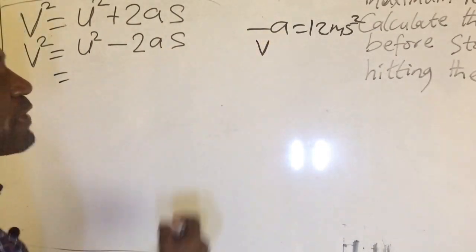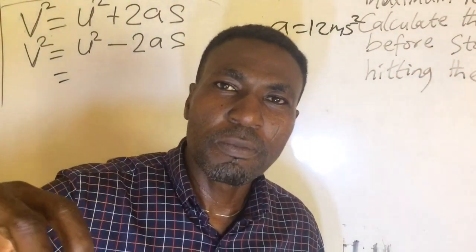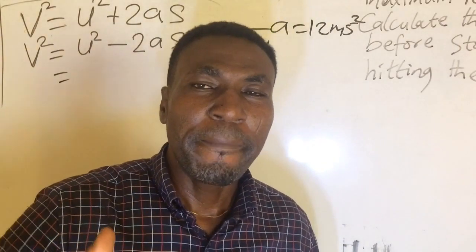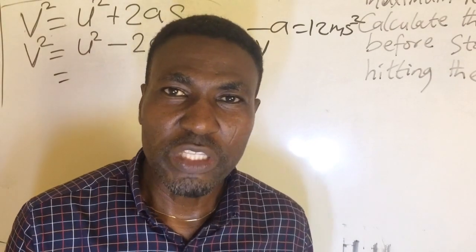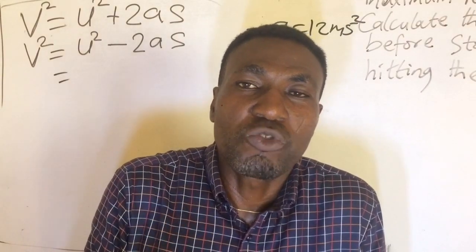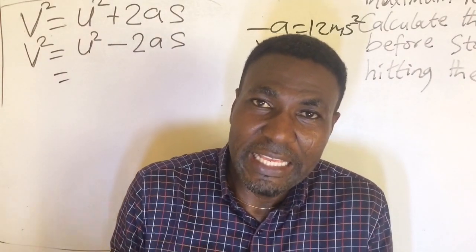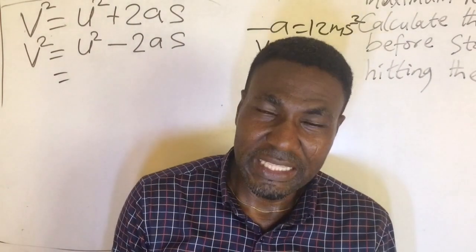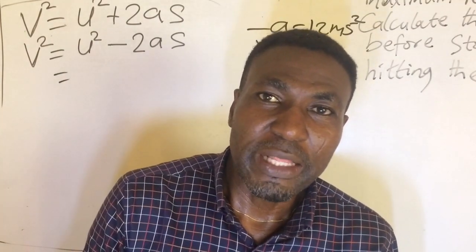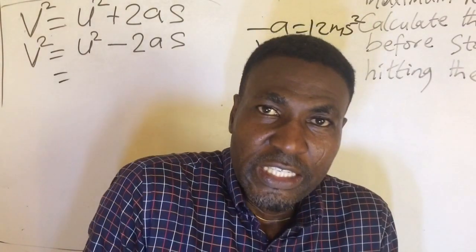Then it also gives us the velocity, because the car is at the velocity of 80 kilometers per hour. The driver suddenly sees this goat and applies the brake very hard with a retardation of 12 meters per second square. That means the time he started applying the brake, the velocity is 80 kilometers per hour, which is the initial velocity.